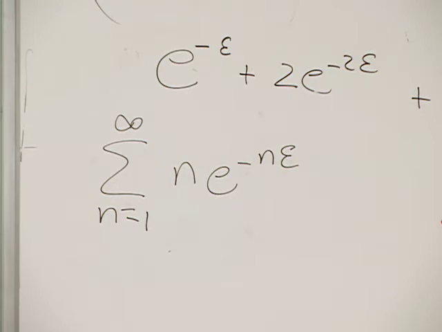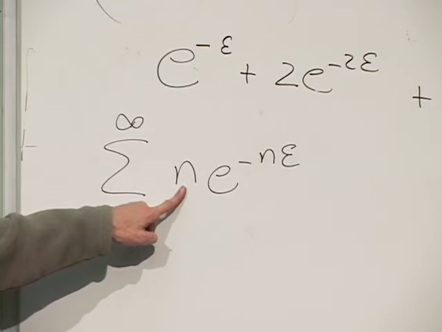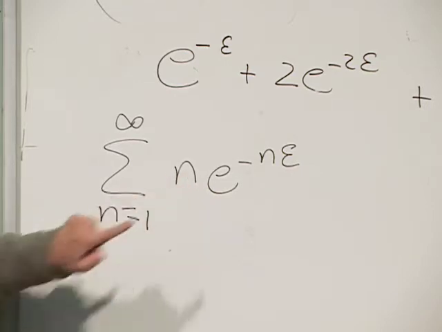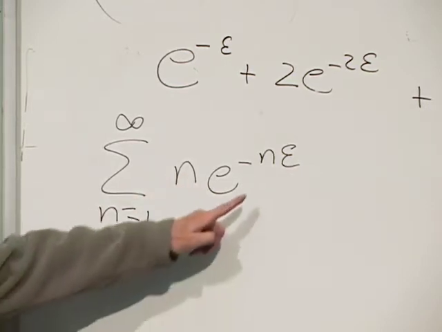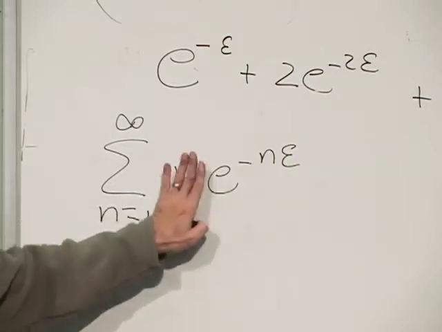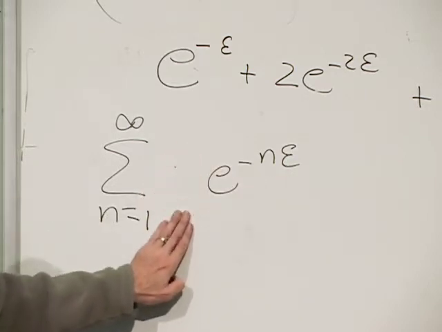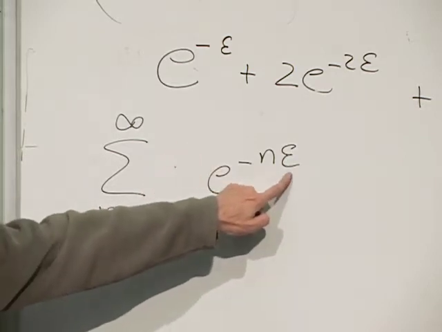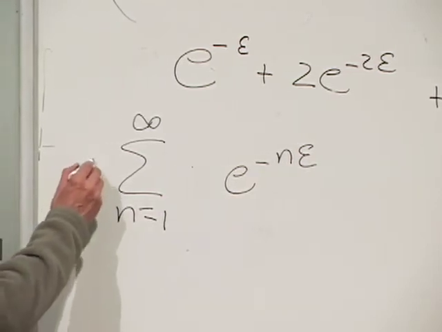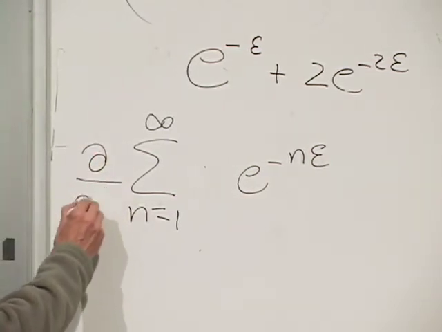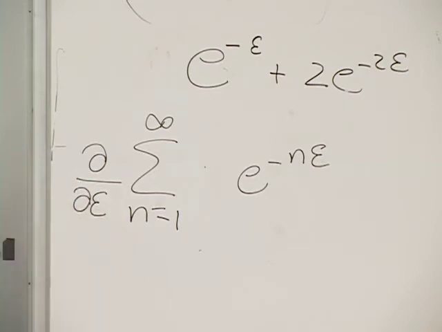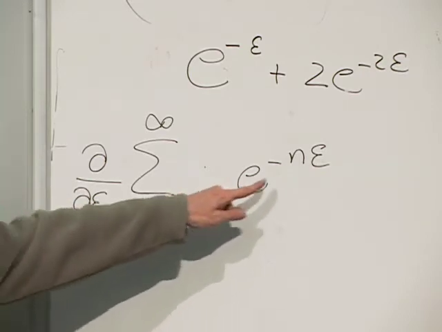That's the sum. Now, the first trick is to get rid of this n, and the way to get rid of this n is just to take the sum without the n in it and differentiate with respect to epsilon. What happens if we differentiate with respect to epsilon?